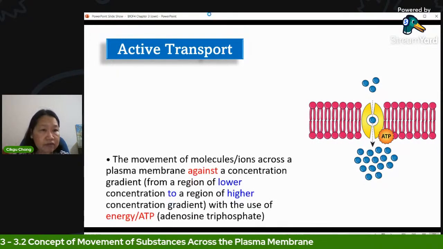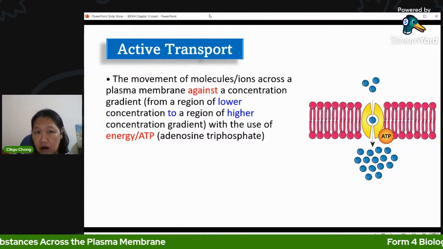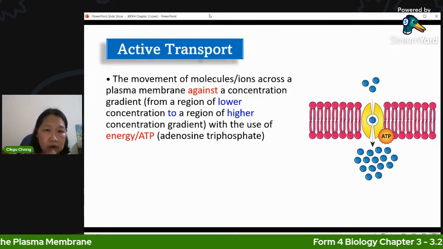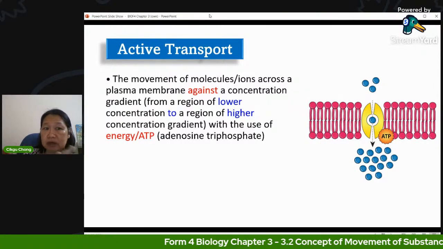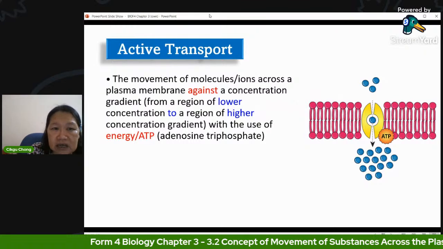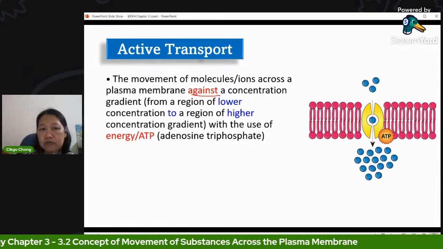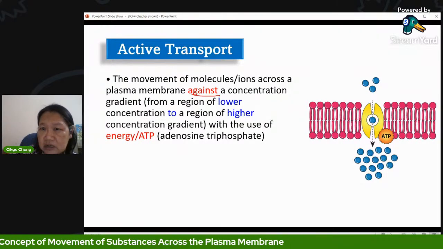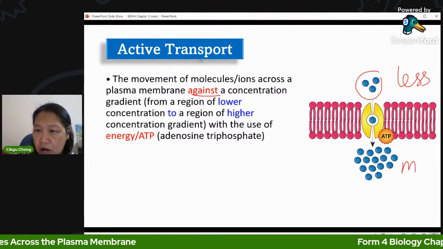It needs ATP molecule. The ATP molecule will bind onto the carrier protein before this transformation or changing shape can happen. Okay, definition first. Active transport is the movement of molecules, particles, ions across a plasma membrane, but you must say against a concentration gradient. It is from a region of lower concentration, that means from less, to more.